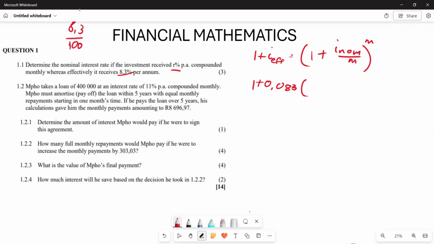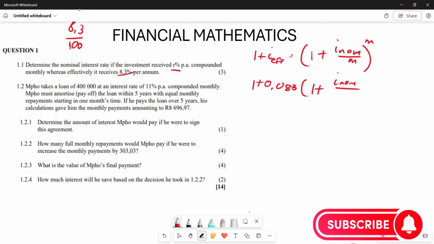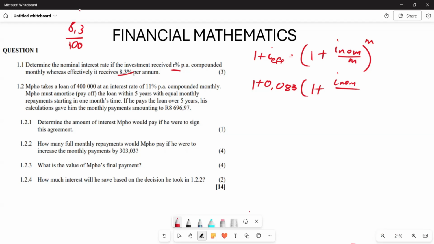Now this is going to be 1 plus the interest you're looking for, the nominal rate, divided by the compounding period. They said it's compounded monthly, and whenever it's compounded monthly, it's 12. So this is also going to be to the power of 12.